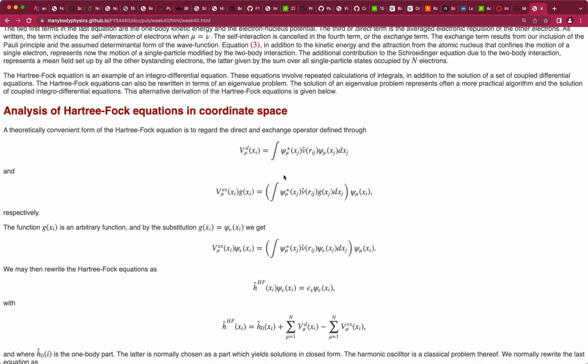And if you look at the direct piece, this potential here contains the bystanding particles in quantum states mu, and you see we are summing over them here. And this function here multiplied with this function is the wave function squared for the single particle state, and that enters the definition of the density of the system.